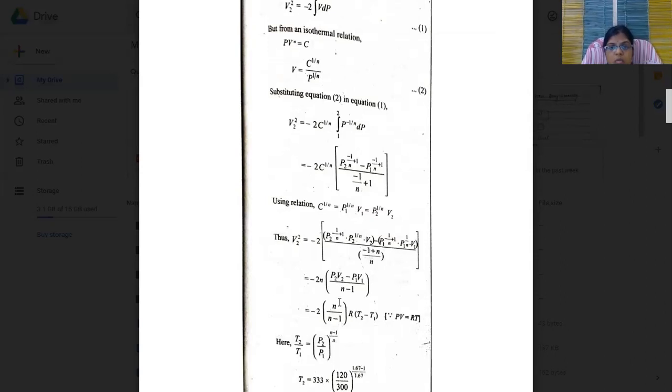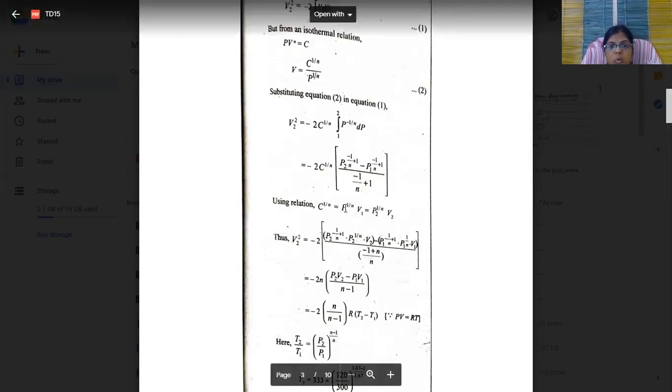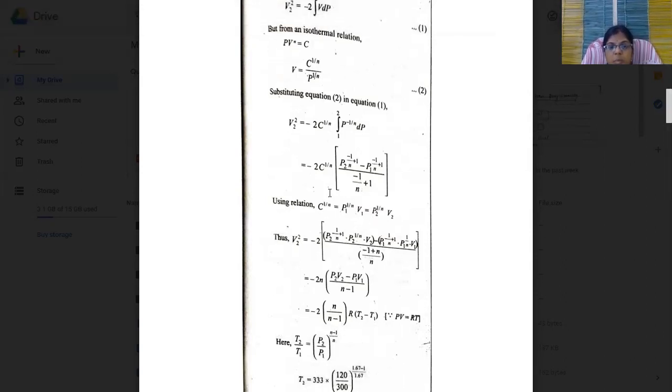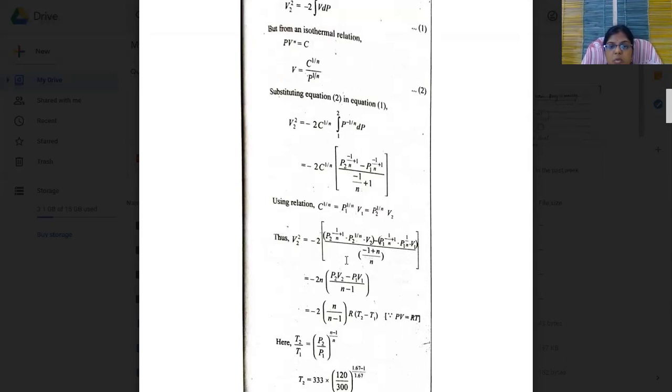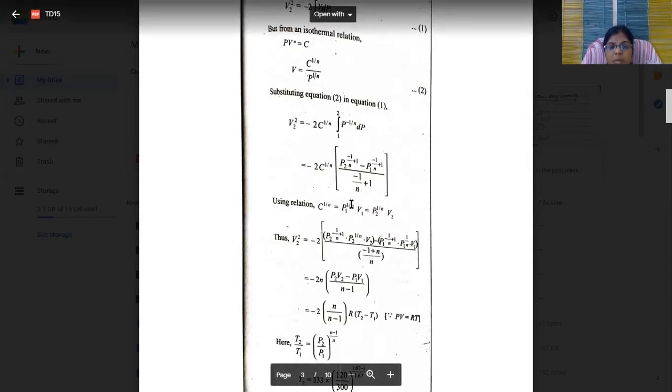So V2 square is equal to, we replace C^(1/n) with P2^(1/n) into V2 for the P2 term, and with P1^(1/n) into V1 for the P1 term.